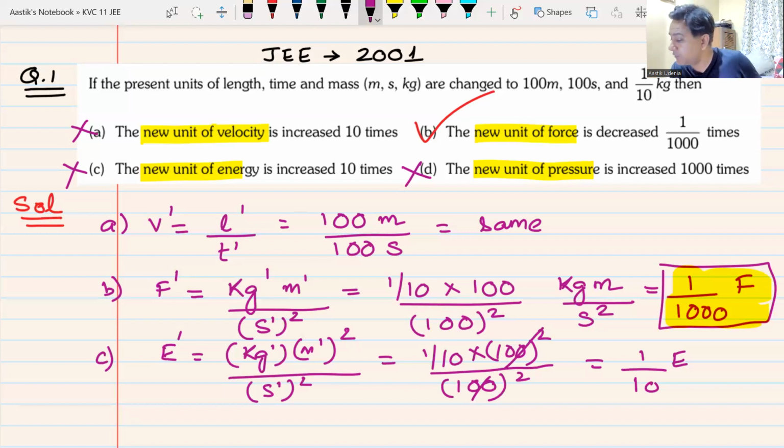Can you move on to the next one? You have understood the concept of how it's to be done? Shall we move on to the next question?